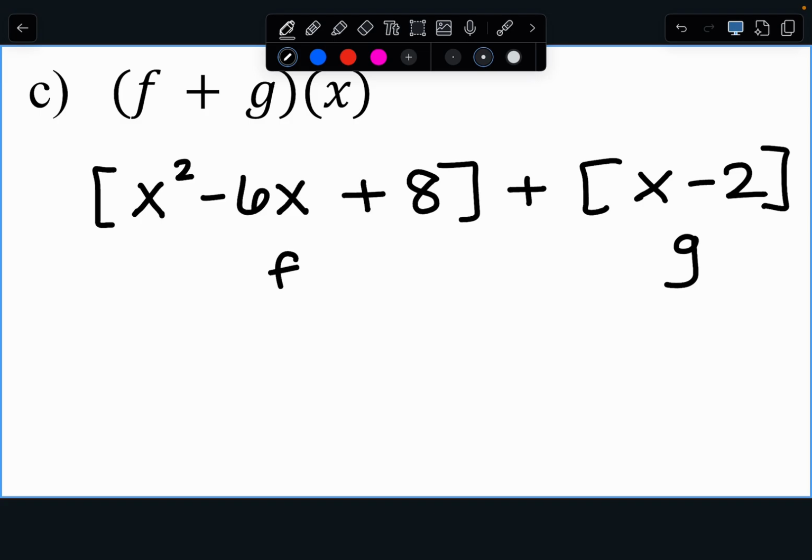All you're doing is combining like terms. There were no other x squared, so it's just x squared. A negative 6x and x makes a negative 5x, and 8 minus 2 is 6.